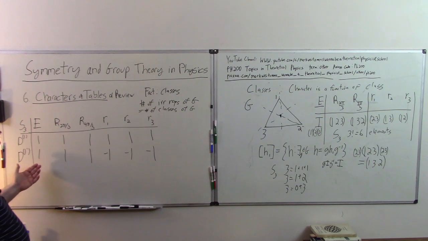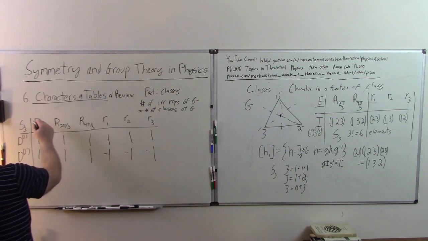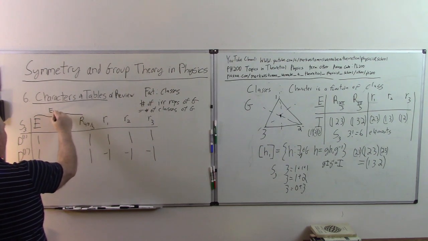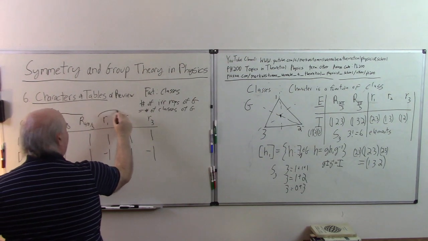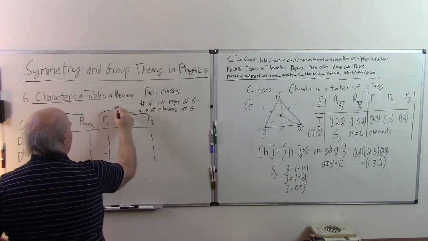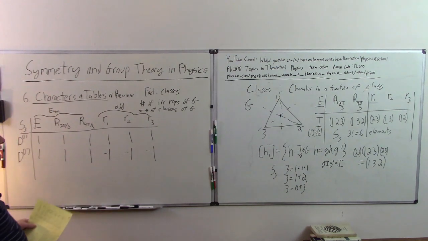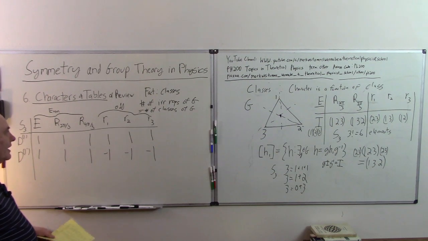one-dimensional representation, we assign 1 to every element that's an even permutation. Even. And these are odd. And we assign -1 to the odd permutations. And if you remember, an even permutation can be written as a product of an even number of transpositions. An odd permutation can be written as a product of an odd number of transpositions.